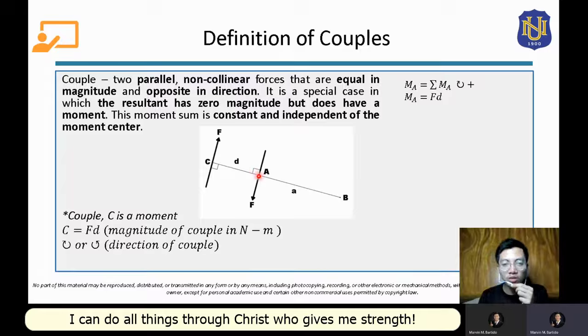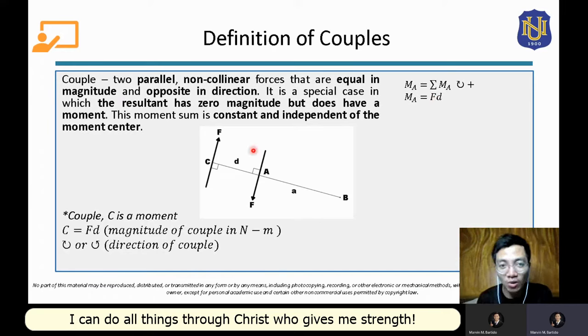Since this force passes through point A, it will have no moment about point A. But this force will have a moment about point A and it will rotate this way, and its moment will be F times its perpendicular distance from point A, that is distance D. So its magnitude will be F times D. Its rotation will be clockwise about point A, so it will be positive here. This will be the moment of this couple about point A. This is F times D, and this is clockwise.